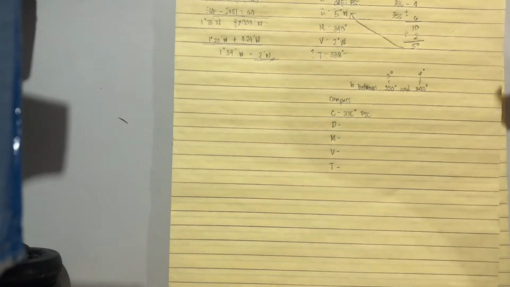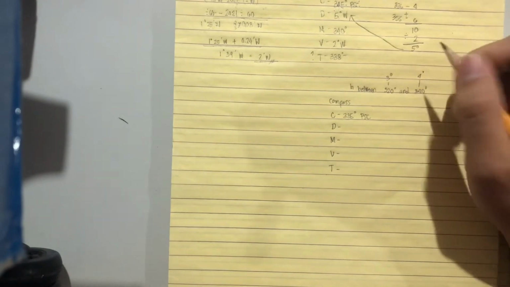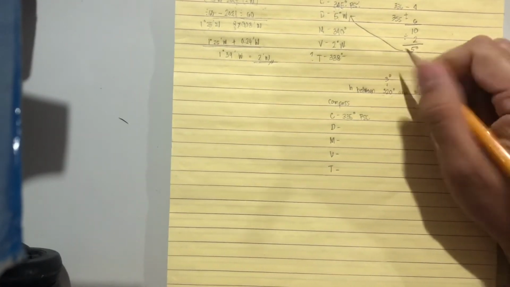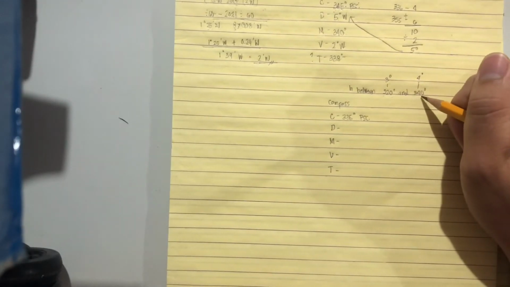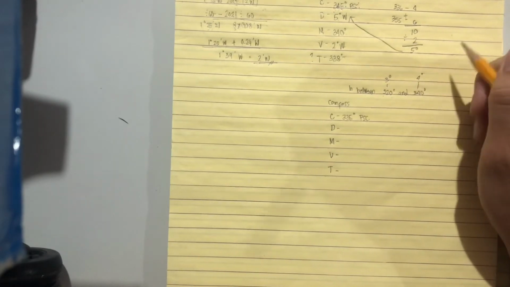So in the chart, as I said, I don't have a table, so I just wrote down the nearest in betweens of 335, which is 320 degrees, and its deviation is 3 degrees, and 340 degrees, and its deviation is 4 degrees.